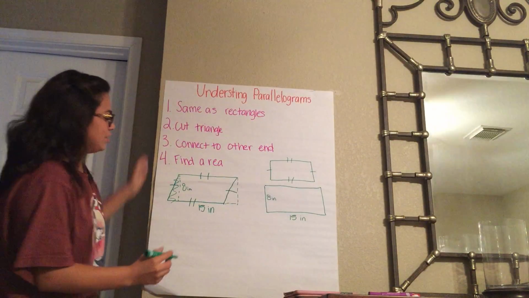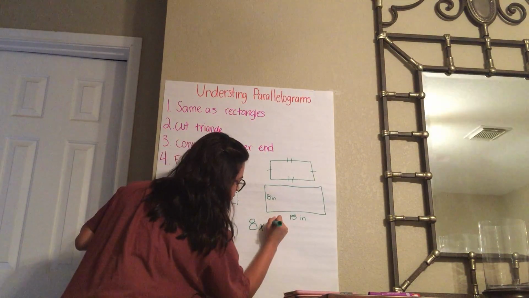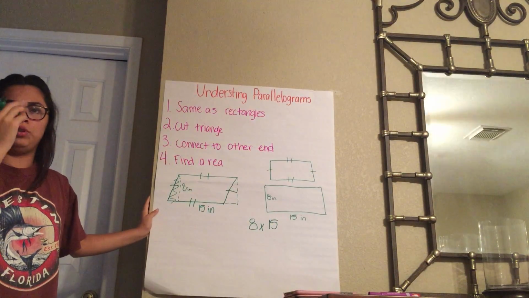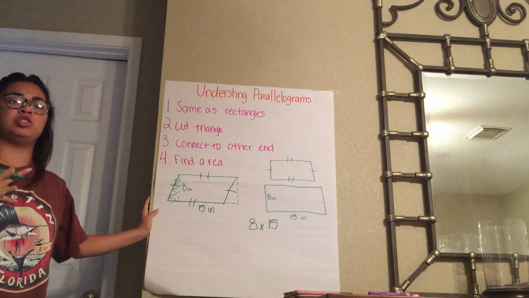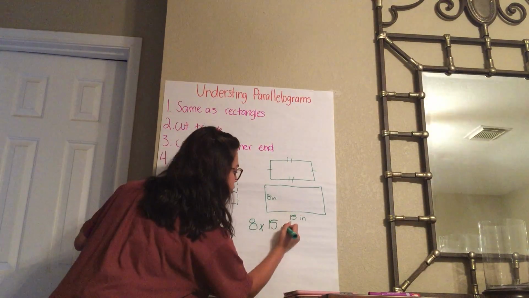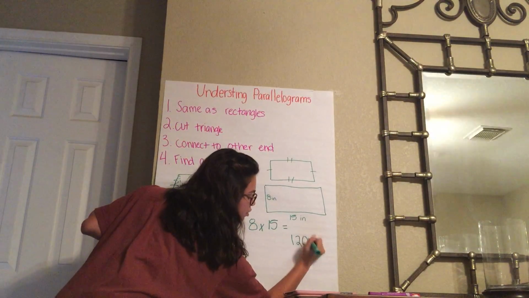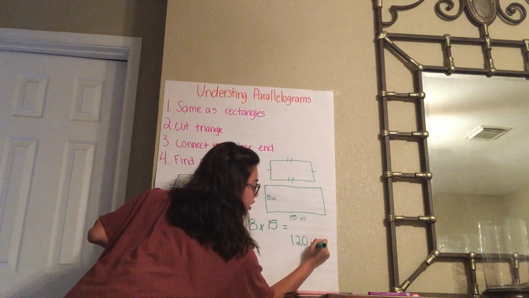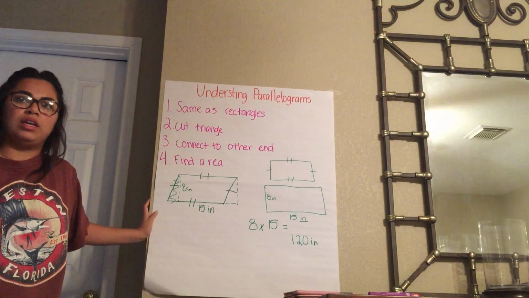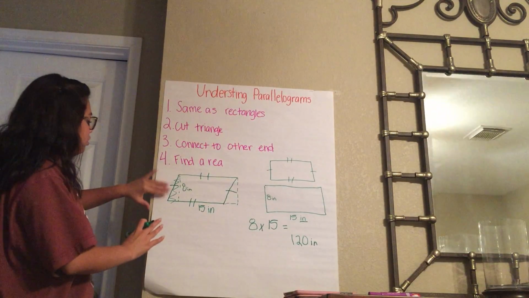So it's going to be 8 times 15. That's kind of a big number, so you can get out your calculators and someone just shout the answer to me. I heard 120 from someone, so that is what I have written down. And we're going to put inches because remember it's inches.